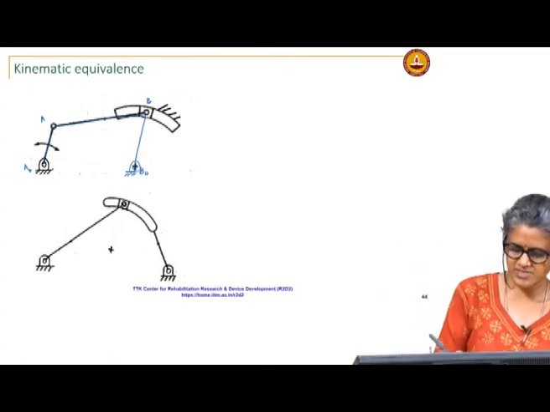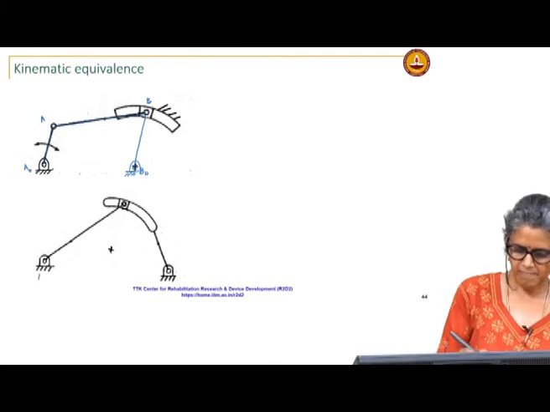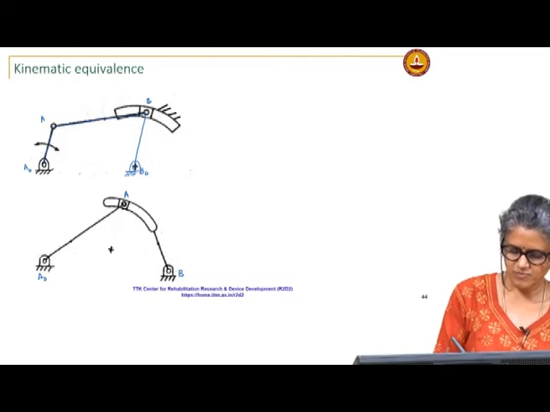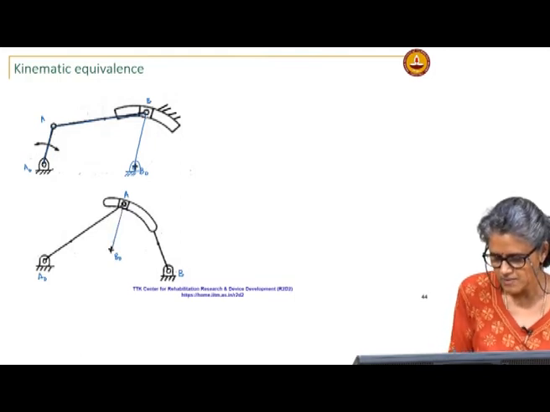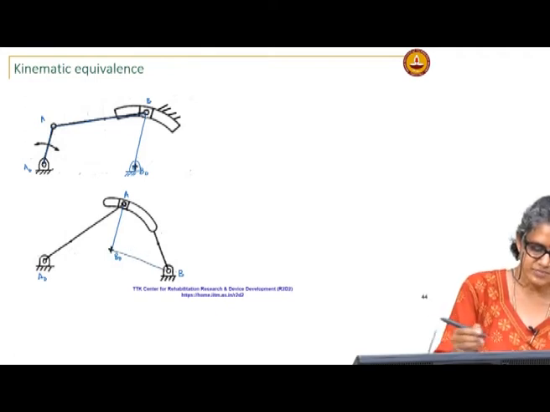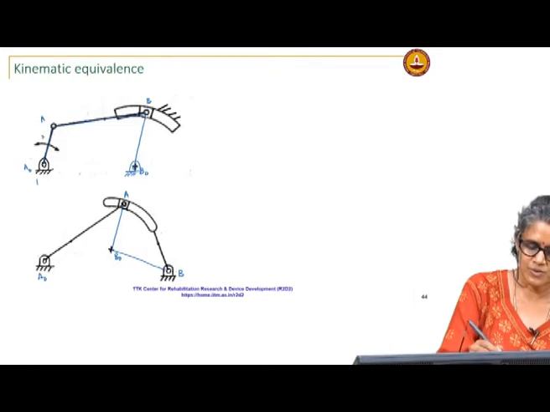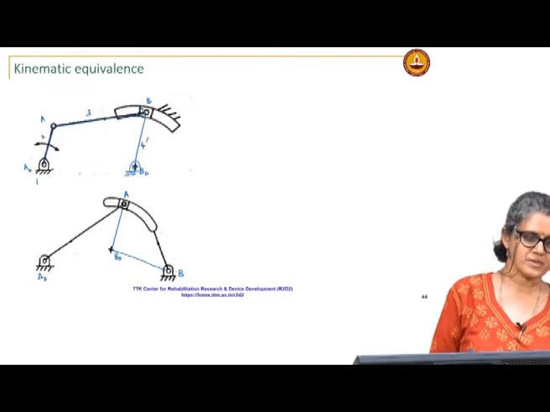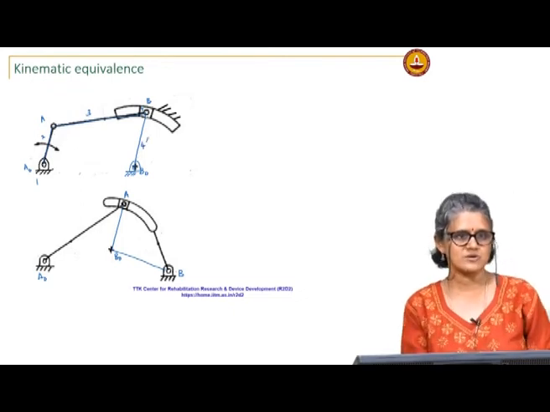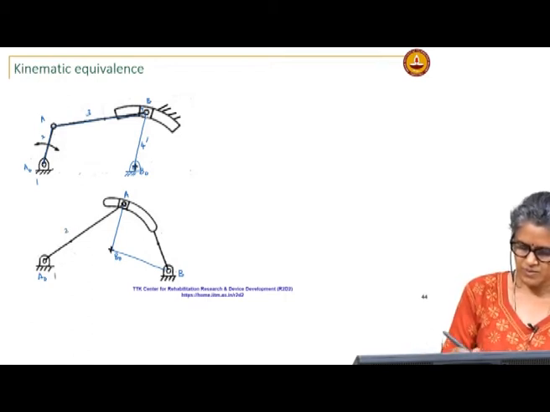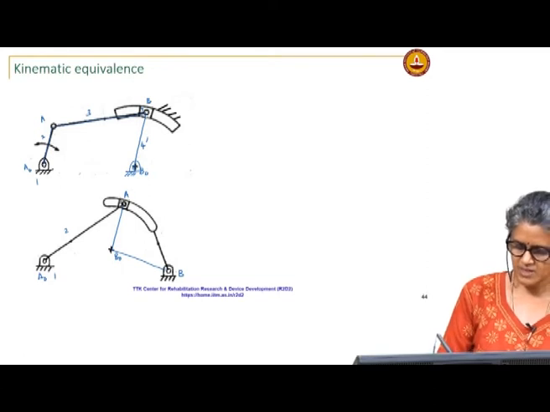Similarly, here if this is B naught, this is the center of curvature of that. So, if I call this 1, 2, 3, 4 here, this is 4 dash, 1, 2, 3, 4 dash is my equivalent 4 bar. Here I have 1, 2, say the block is 3 and this is 4.